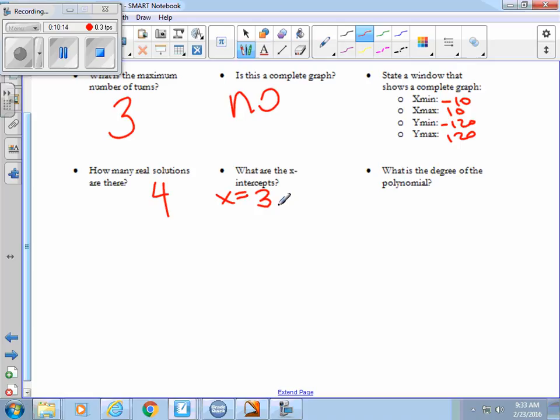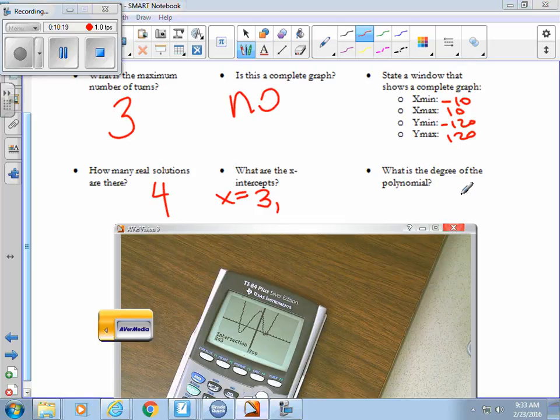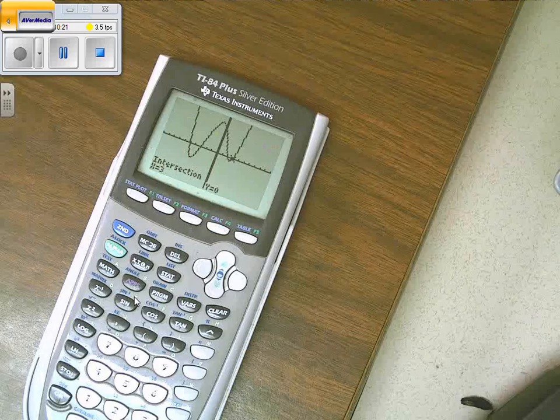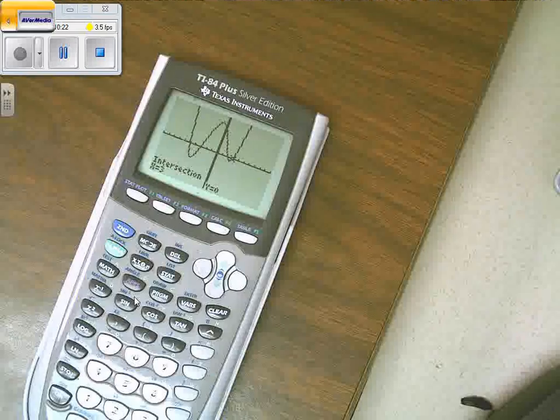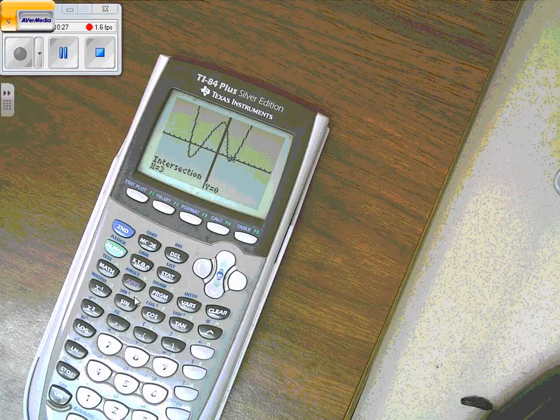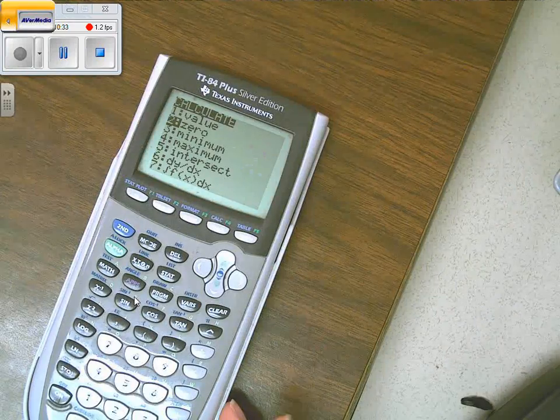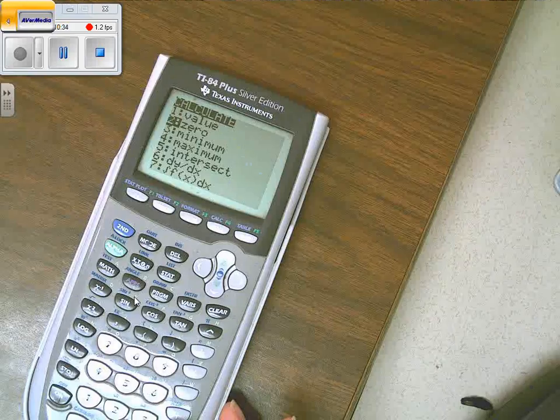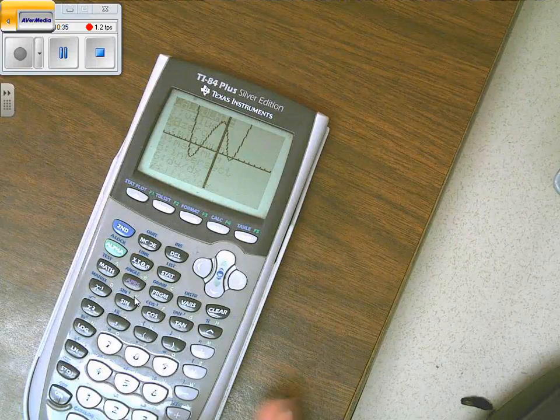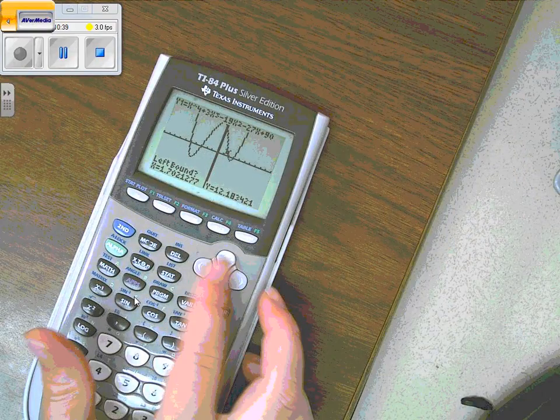Just for fun, I'm going to show you the zeros button. To me, it's a little harder to use and people mess it up a little more. That's why I teach you intersection. But you don't have to have 0 in y2 to use the zeros button, so it's nice to know. Also, second trace number 2 is the zeros button. You go to an x-intercept, and then you go to the left of it.